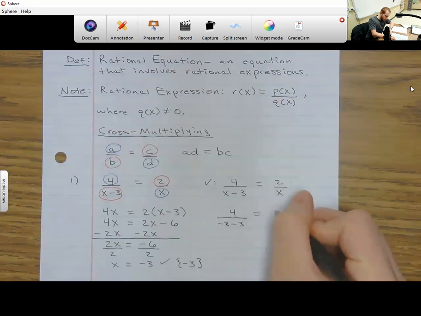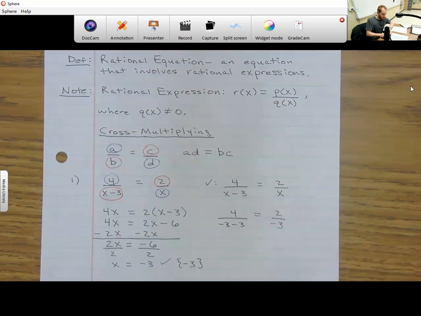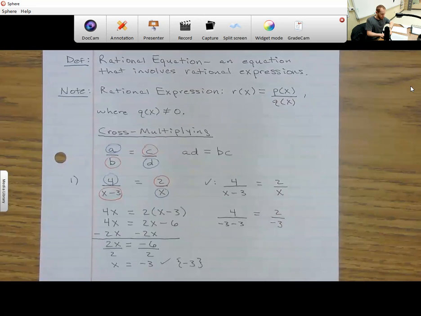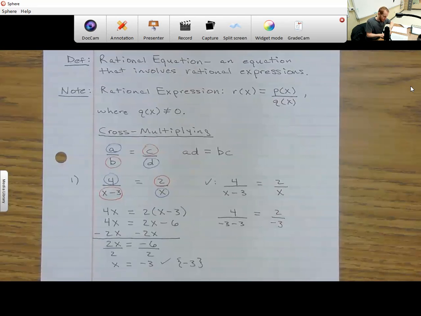So I'm going to get 2 over negative 3. All right, so far so good. We're just checking our answer at this point. So now at the bottom of this fraction, I know that negative 3 minus 3 is going to give me negative 6. So I'm going to have 4 over negative 6 equals 2 over negative 3.